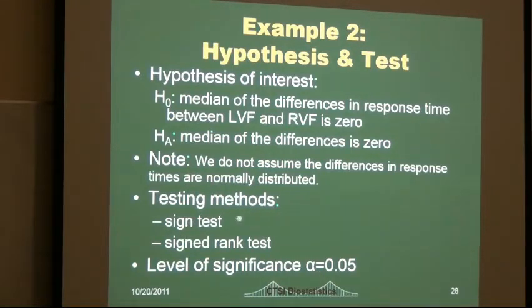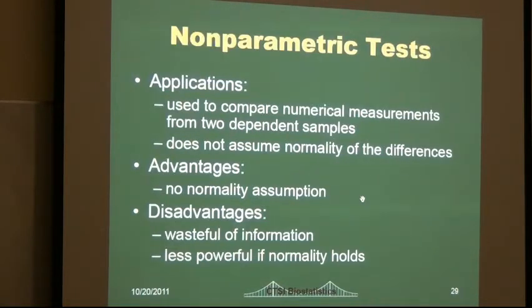So first, look at the test using a sign test first. The sign test is a nonparametric test we use to compare numerical measures when we can't assume normality. Here we apply it to dependent samples, because this is a single sample test.